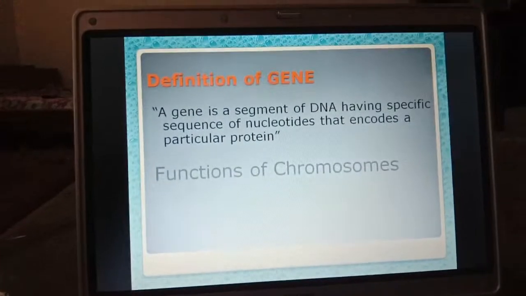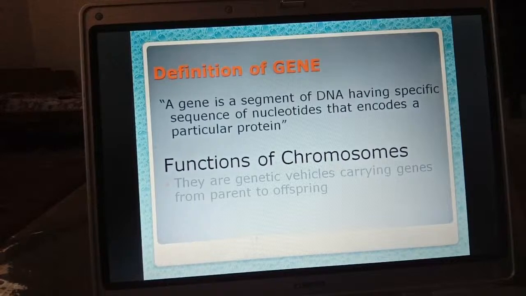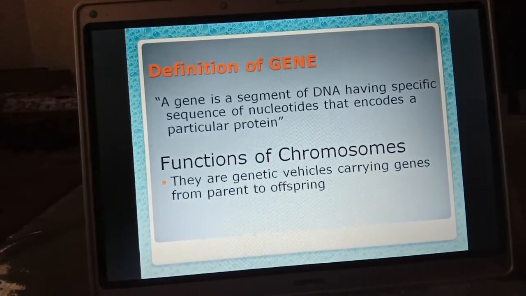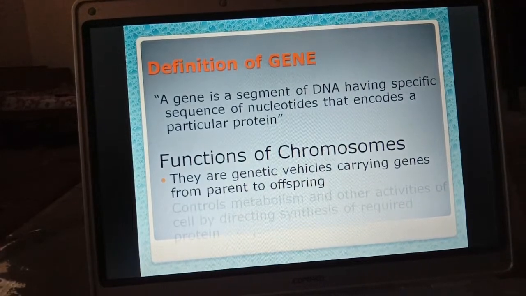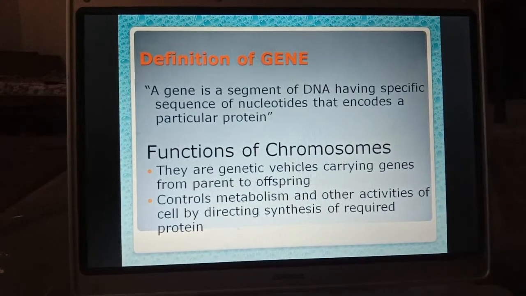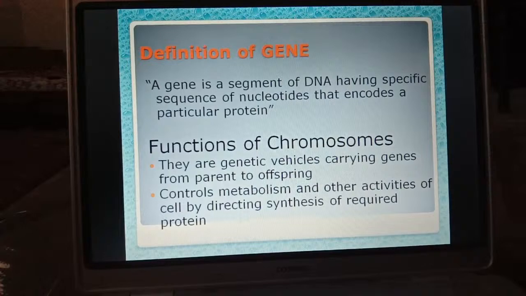Let's see the function of chromosomes. Chromosomes are the genetic vehicles carrying genes from parents to the offspring. Chromosomes control the metabolism and other activities of the cell by directing synthesis of required protein.